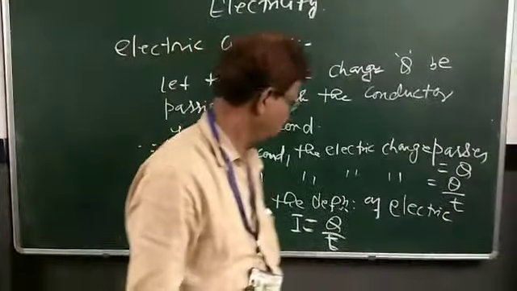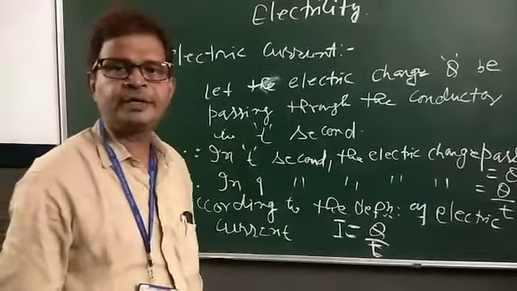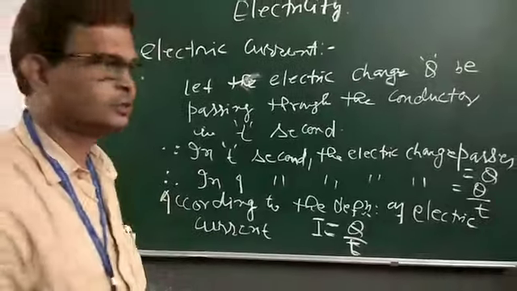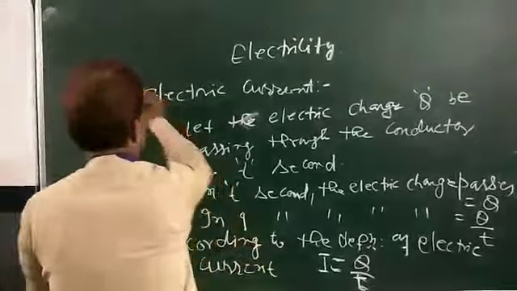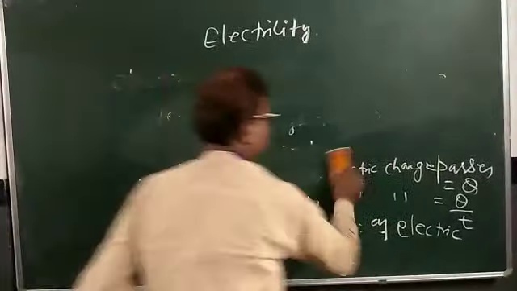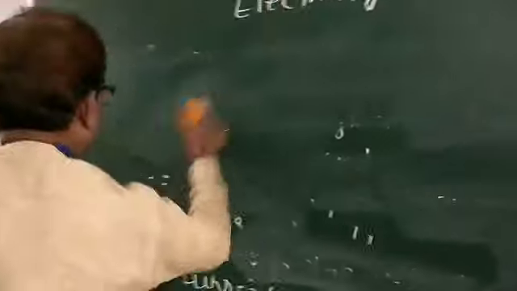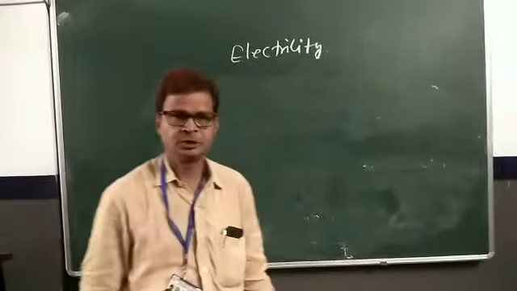Now we are going to discuss about the SI unit of electric current. The SI unit of electric current is ampere.